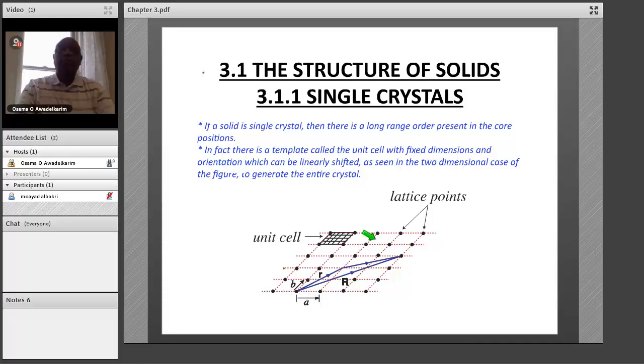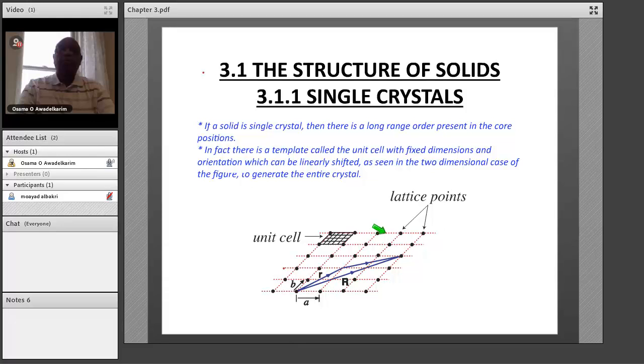So if we want to form a solid of any sort, which is a single crystal solid, what we have to do is fill up all these lattice points. Each point here is called a lattice point, filled with a single atom, or maybe a group of atoms, maybe 2 atoms, maybe 10 atoms, maybe 100 atoms, maybe thousands of atoms.